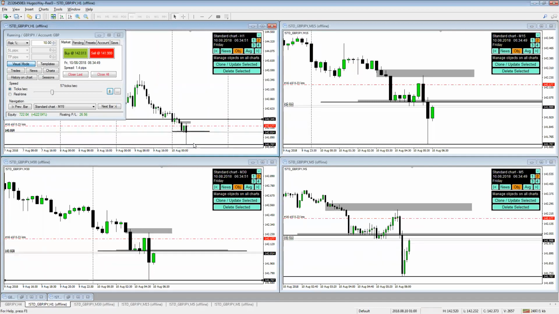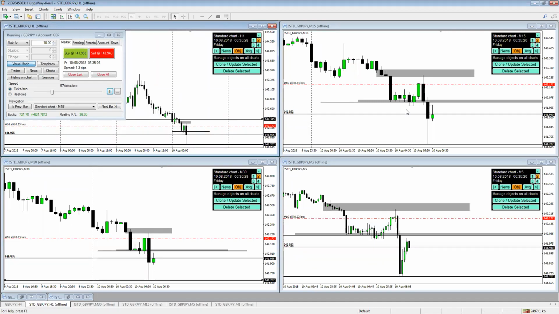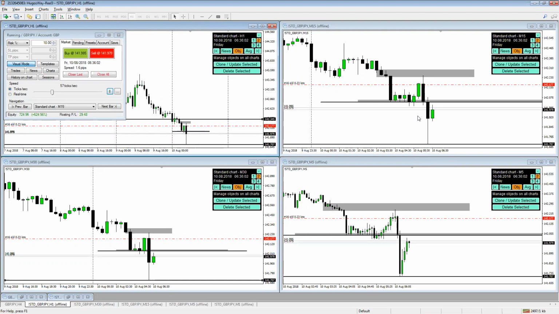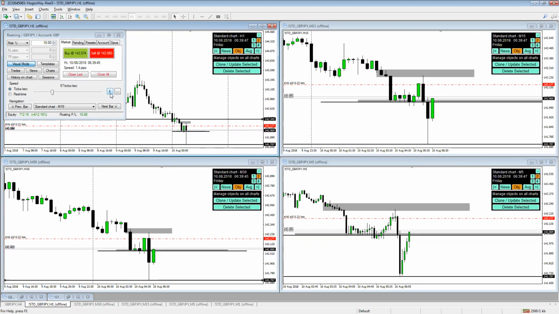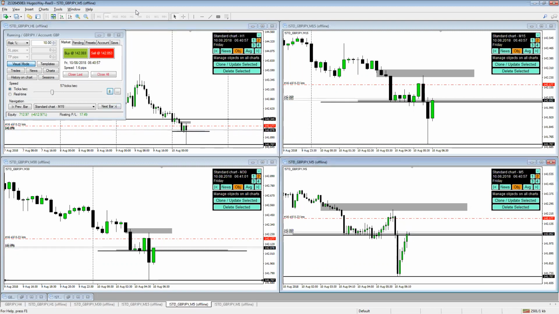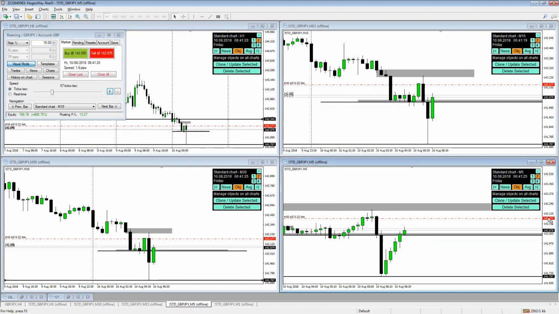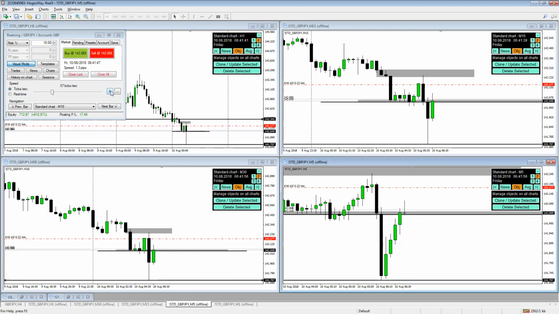That's why I was heavily on sell more than buy. If there's a candle here showing rejection, I'm going to take a sell.